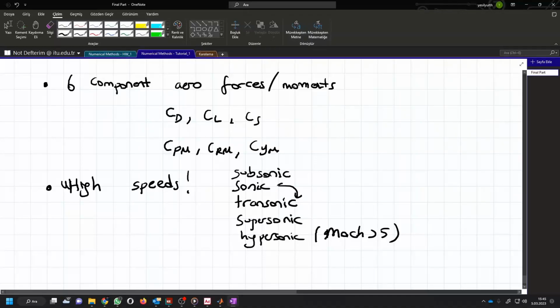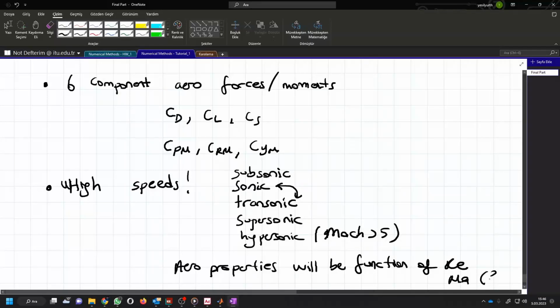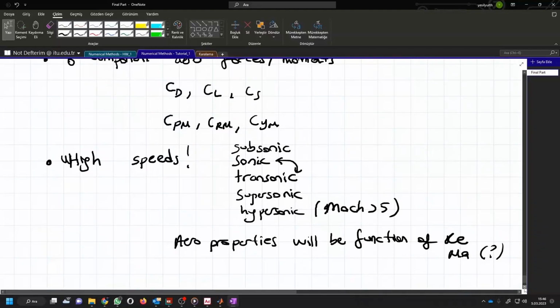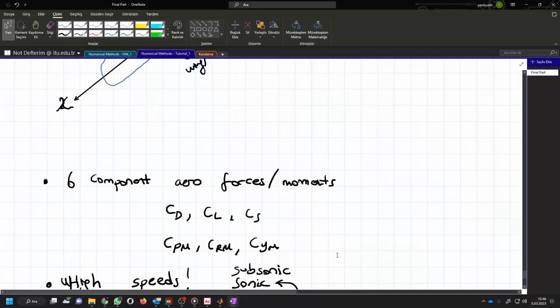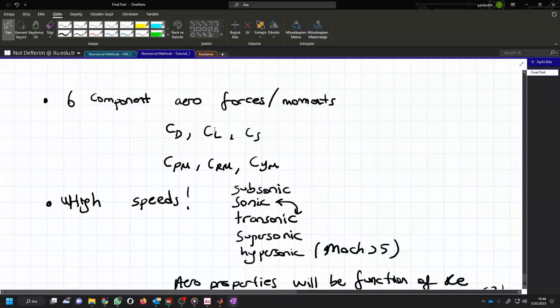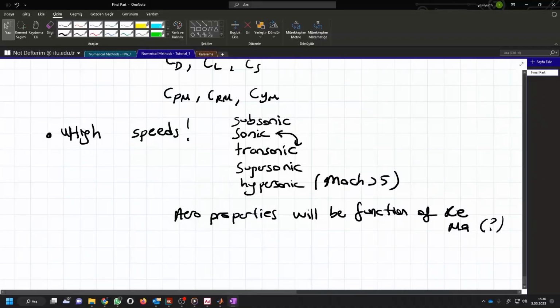You may interchange these two. So the aerodynamic properties will be functions of Reynolds number or maybe Mach number, I don't know. So all the properties named here, drag, lift, side force, pitch moment, roll moment, yaw moment, will be functions of Reynolds and Mach numbers.